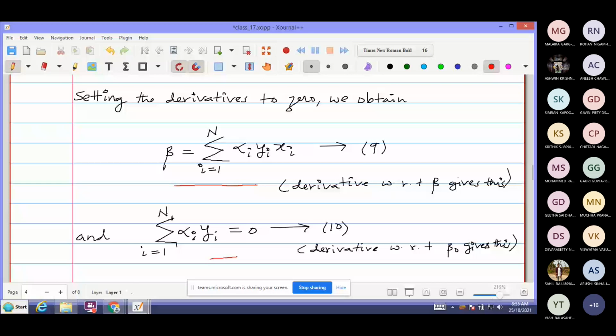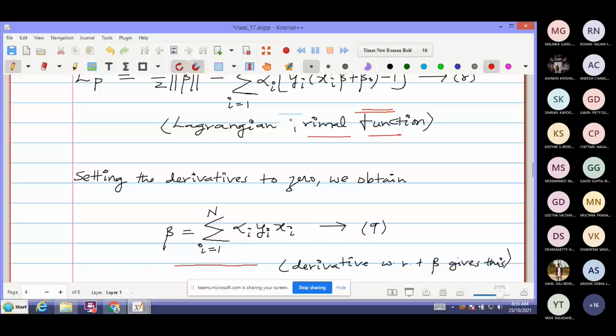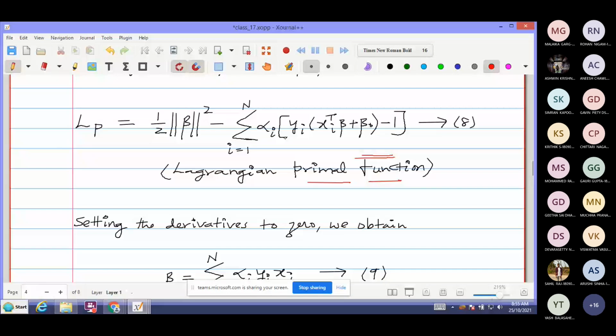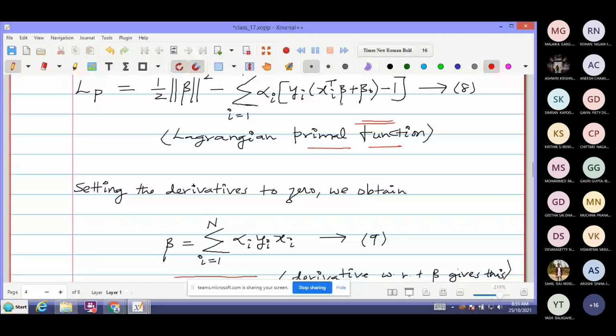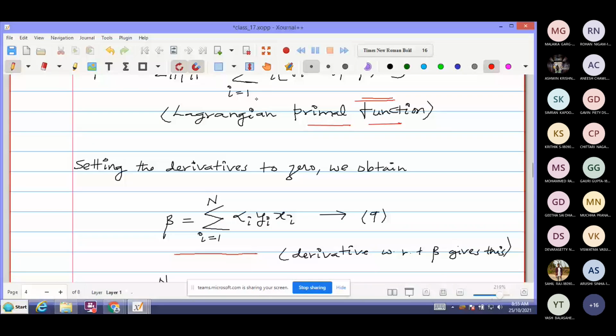You understand the summation term, you have alpha i yi into xi transpose beta. That is one part that we have, right? And the other part is alpha i yi into beta 0. That's another part, correct? So when you partially differentiate with respect to beta, you will get beta equal to summation alpha i yi xi, with i running from 1 to n.